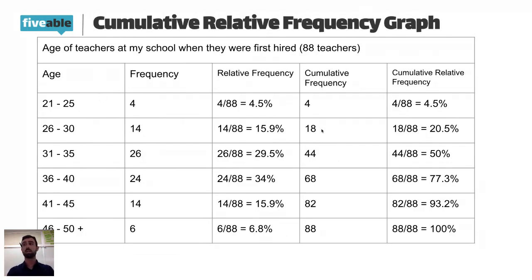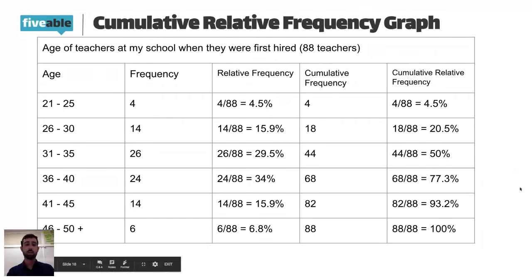So it's adding everything up. 4 plus the 14 in this bin is going to give me 18, so 20.5%. And it's going to go all the way to 100%. Here's a helpful hint. Cumulative relative frequency graphs should always go to 100%. If it's not at 100%, something is wrong. Now let's look what that actually looks like on a graph.